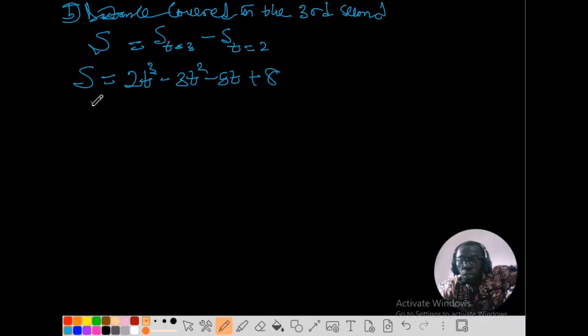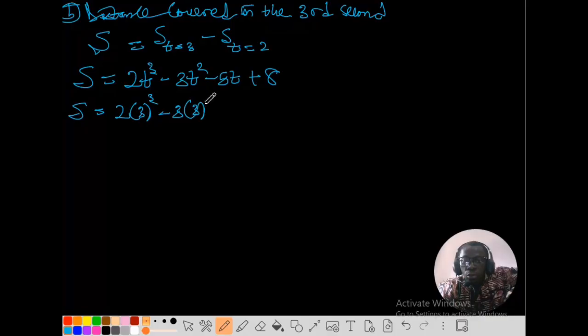We can do this together. The distance in the third second is x when t equals 3. We first substitute t equals 3 into this equation. So you have 2 times 3 raised to the power of 3, minus 3 times 3 raised to the power of 2, minus 5 times 3, plus 8.